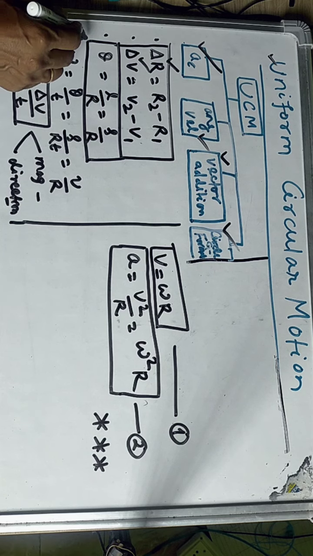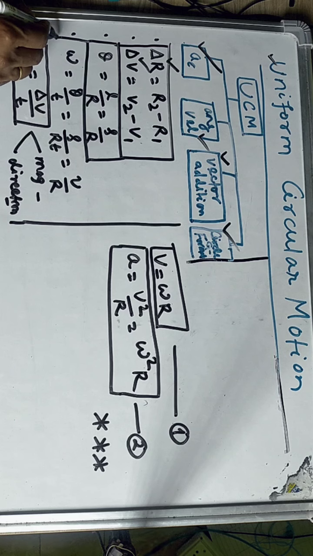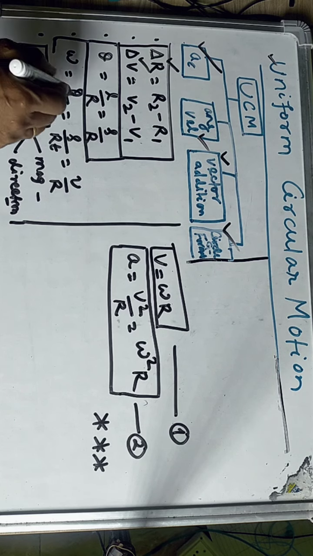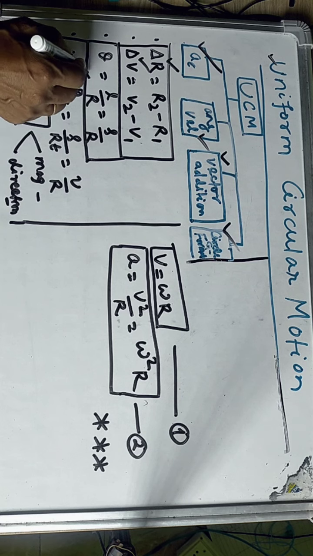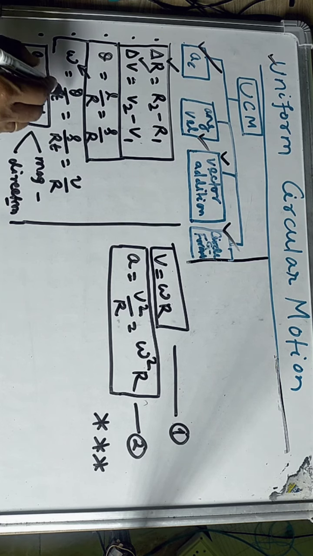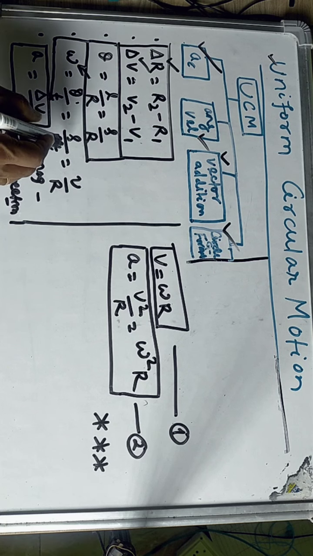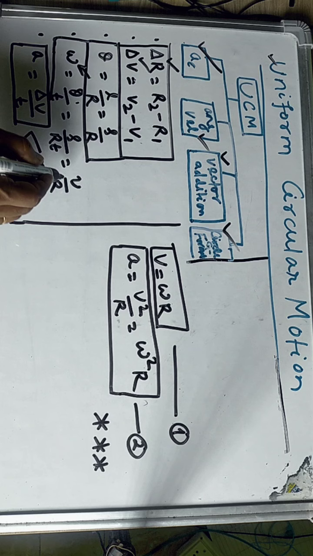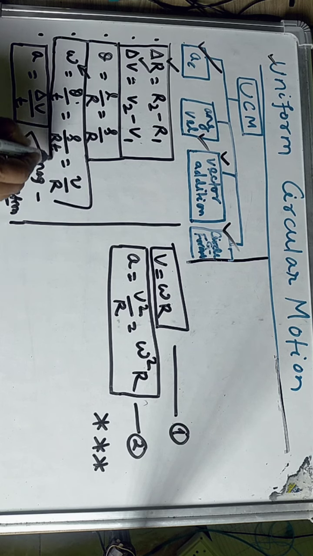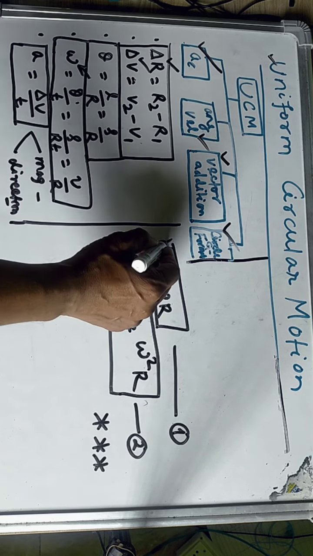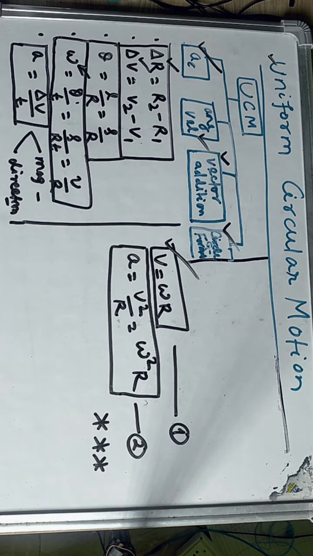Now, we are not considering direction, only magnitude, so we can say theta is the angular distance and omega is the angular speed. Then omega is equal to theta by t, and theta is equal to S by r, so omega is equal to S by rt or v by r. From this we found the first equation of uniform circular motion, v is equal to omega r.